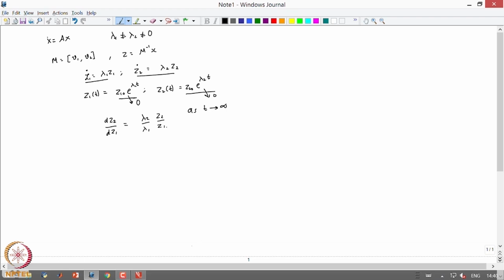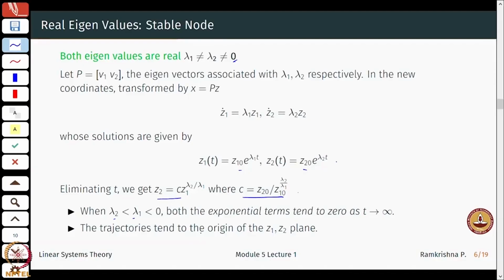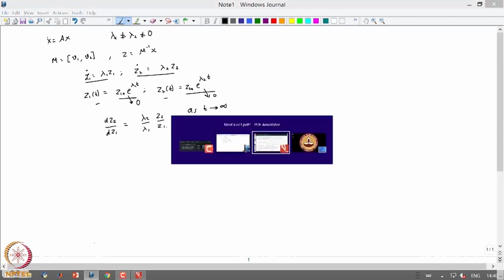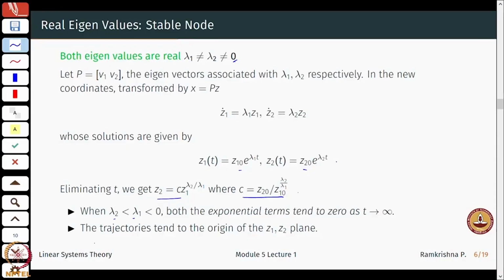Okay, this is kind of obvious. Okay, and if I look at the Z1 Z2 plane, the trajectories tend to the origin, like so. Here Z1 also goes to 0 and Z2 also goes to 0. And of course, in this case the 0 turns out to be the equilibrium point. So, the origin is the equilibrium point.